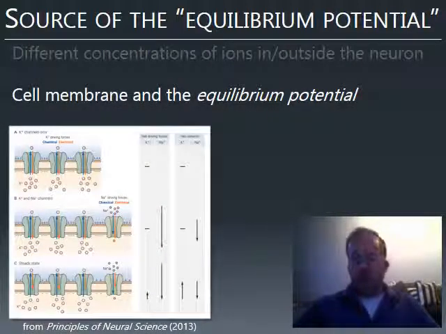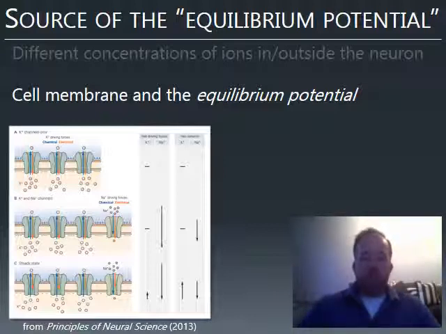And the ion reaches what's called an equilibrium potential. What does that mean? Well, again, we have these two forces. A couple of the ions that will be important today are sodium and potassium. Now, these are both positive ions. They both have a positive charge. So that means they're going to repel one another. Sodium doesn't want to be where potassium is, and potassium doesn't want to be where sodium is.